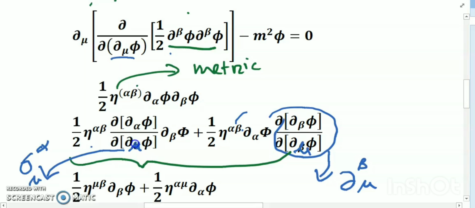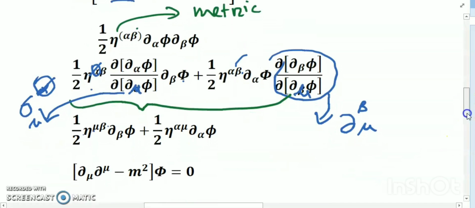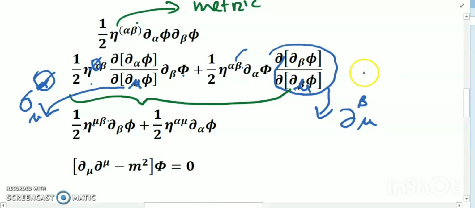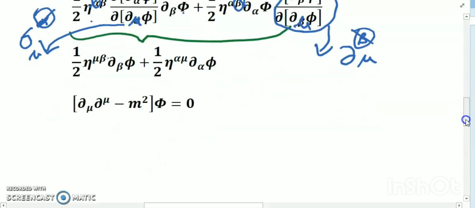So you see this alpha index and this index are cancelled. I replace this mu in here, so I get eta mu beta del beta phi, and the delta is multiplied, so the beta and beta cancel, giving half into eta alpha mu del alpha phi.